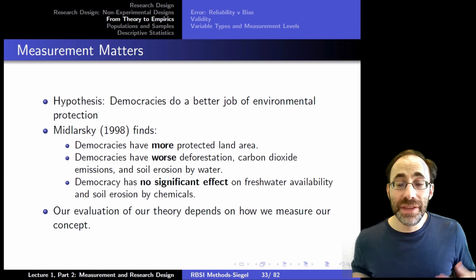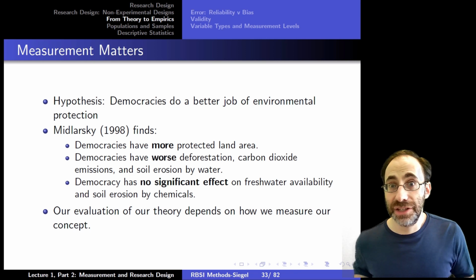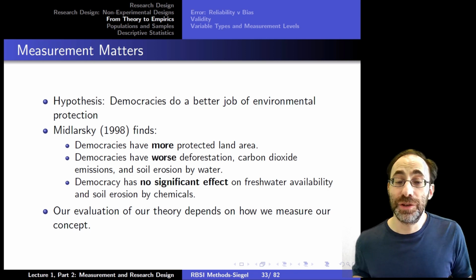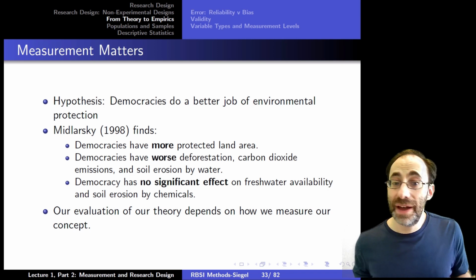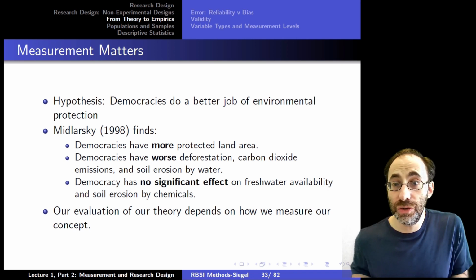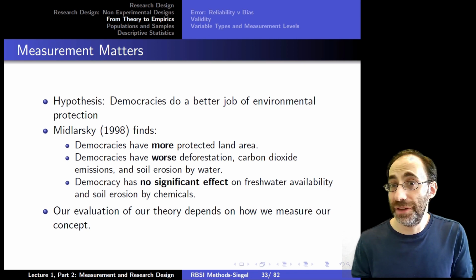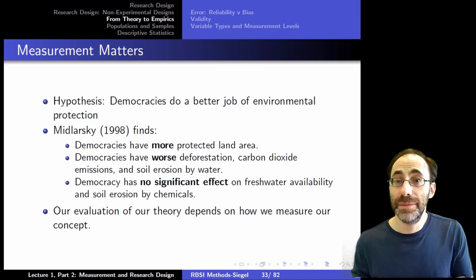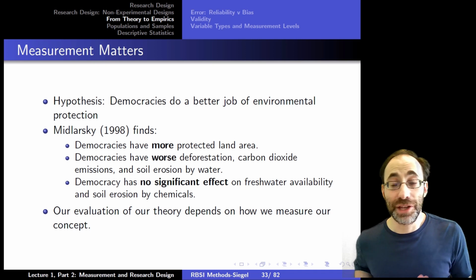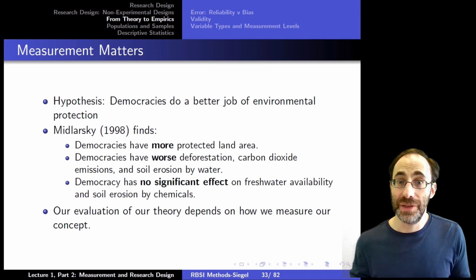And here's an example. Let's say your hypothesis you're trying to test is that democracies do a better job of environmental protection. Well, an earlier study found that democracies do a better job in terms of protected land area. There's more protected land area in democracies than non-democracies, indicating that if your measure of environmental protection is protected land area, then you support your hypothesis.